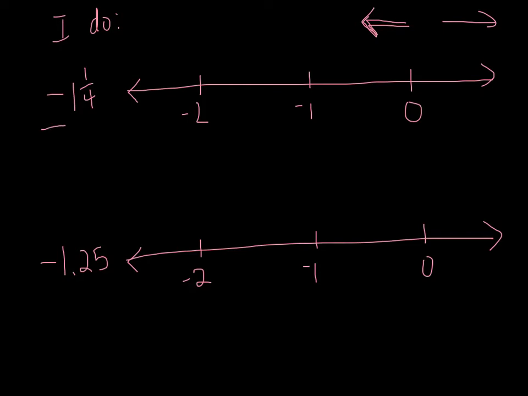So if I'm looking for negative 1 1/4, 1 is my whole number, so I count across negative 1 because that's a whole amount. I did not make it to negative 2. I only made it 1/4 of the way.